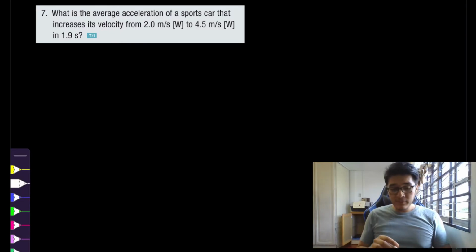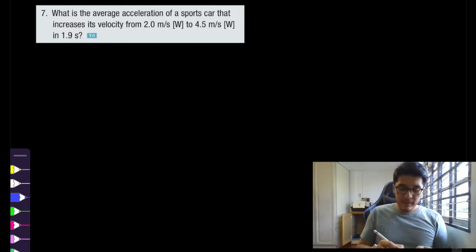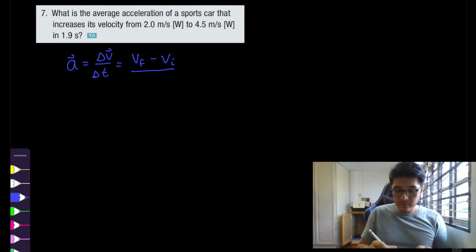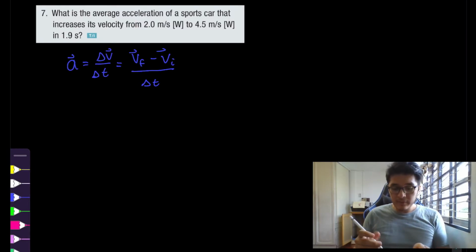And for question 7, we have, what is the average acceleration of a sport car that increases its velocity from 2 meters per second to 4.5 meters per second in 1.9 seconds? Now, just write down a formula for the average acceleration, which is the change in velocity over the change in time, which we can write as final velocity minus initial velocity over the change in time. So now we just need to read the question more carefully.